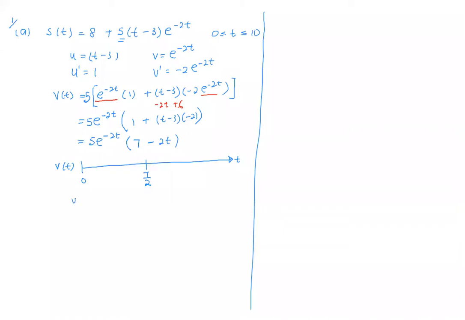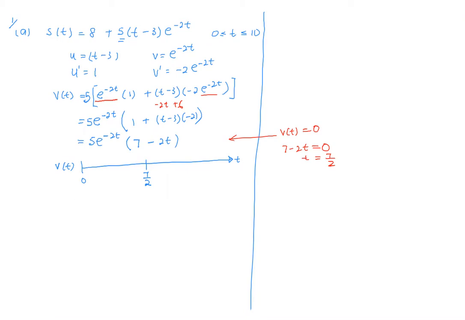This one you don't have to show the examiner. So 7 minus 2t equal to 0. So your t equals 7 over 2.